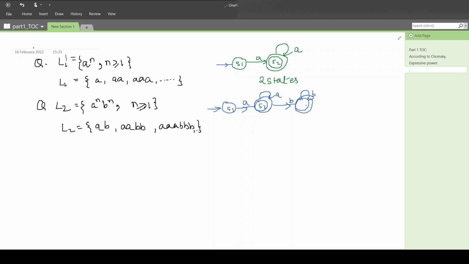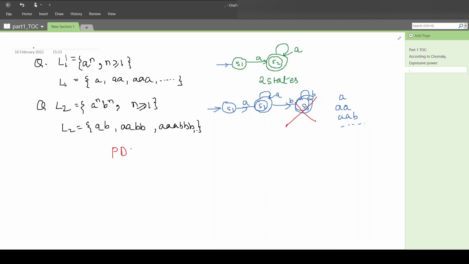But the problem in this structure is that, apart from a b, a a b b, there are all others also forming, like a a b, and many more. So we cannot use finite automata here, because we cannot form the states it wants. Here comes the format of PDA.